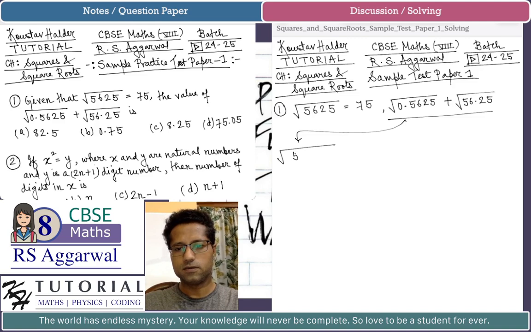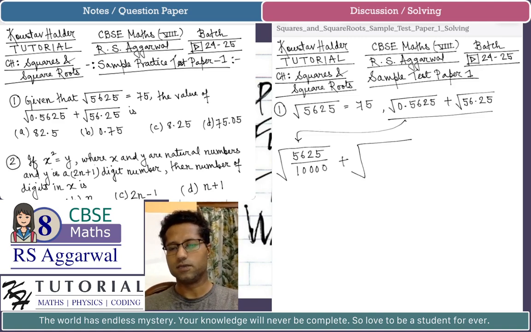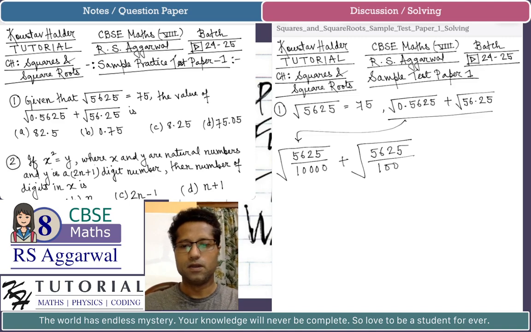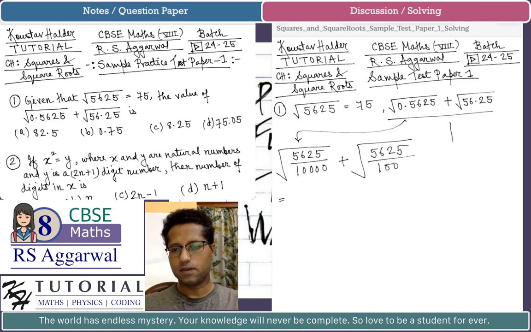We can write it as 5625 divided by 10,000, because the number of decimal places is 4, so we have 10 to the power 4, under the square root, plus the square root of the given number 56.25. In fraction form, it will be 5625 divided by 100, because the decimal places are 2.